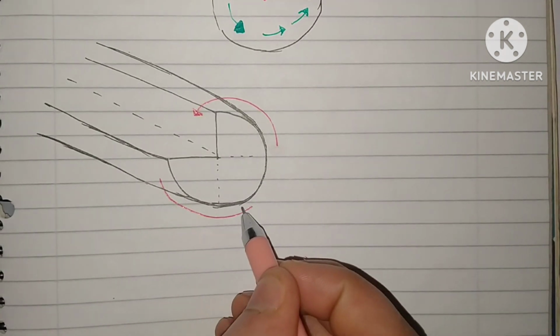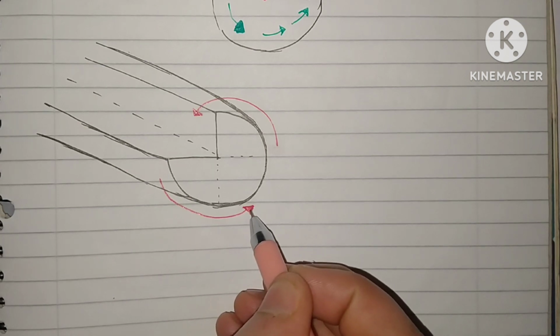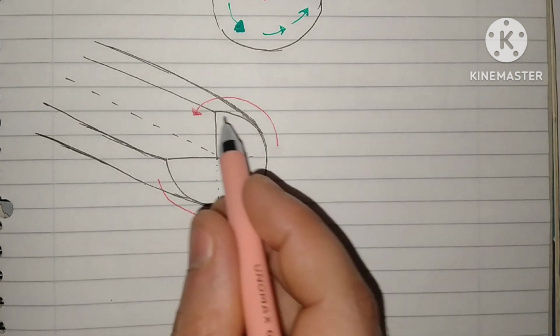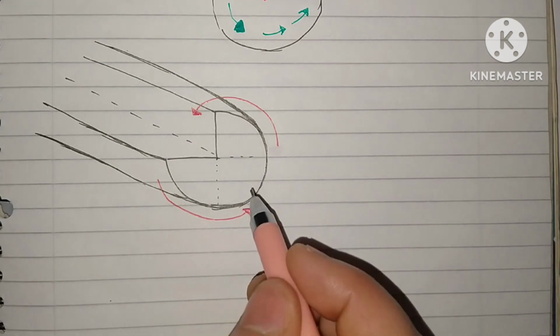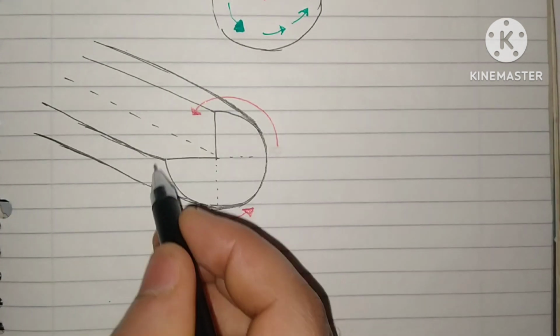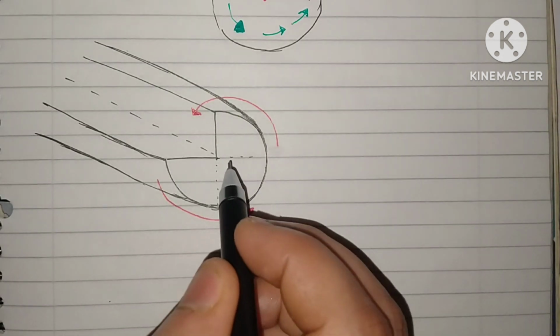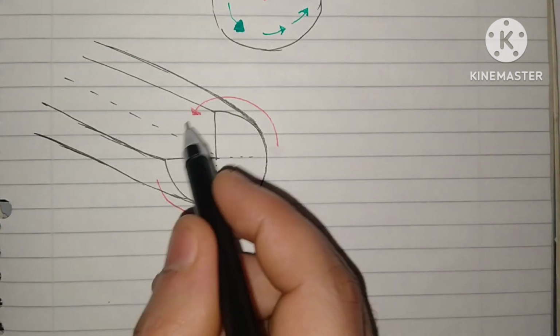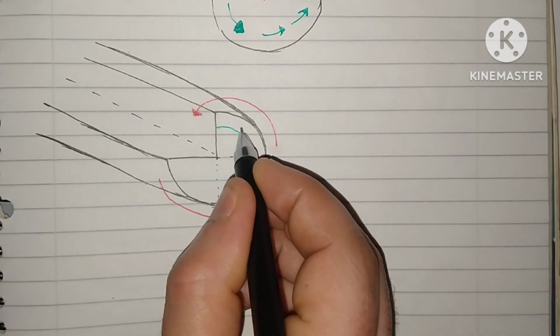The torque will try to deform the cross section, and due to this the internal stresses will be developed. The applied torque is in anti-clockwise direction, and the stresses developed will be in clockwise direction, that is in this direction.